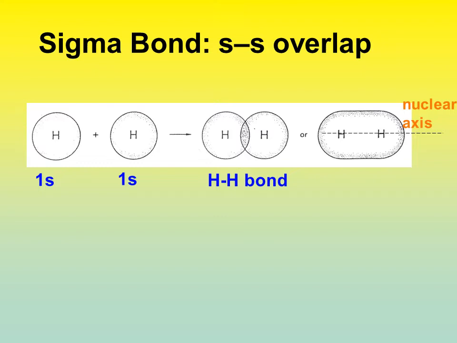For the s and s overlap, let us consider hydrogen. We know that hydrogen has its electron in the 1s orbital. It is therefore possible that these two orbitals existing on two separate hydrogen atoms are overlapping to form the sigma bond.